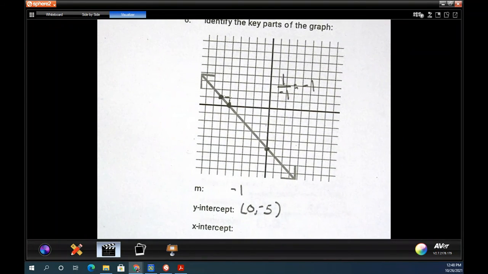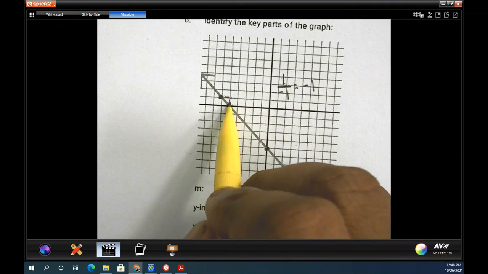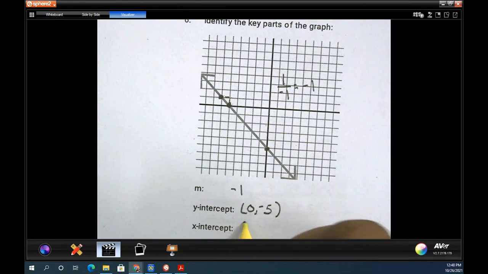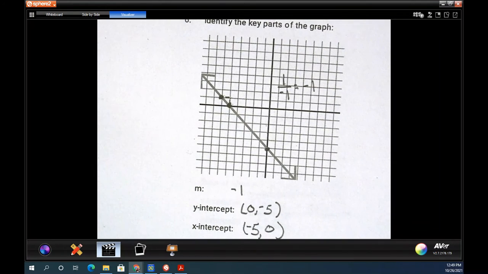You don't put -5 because the y-intercept is a point on the graph. The x-intercept, right here, where it crosses the x-axis, that's at -5, 0. X-intercept and y-intercept are points on a graph.